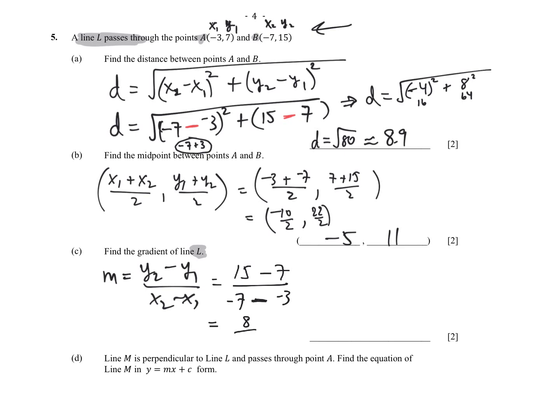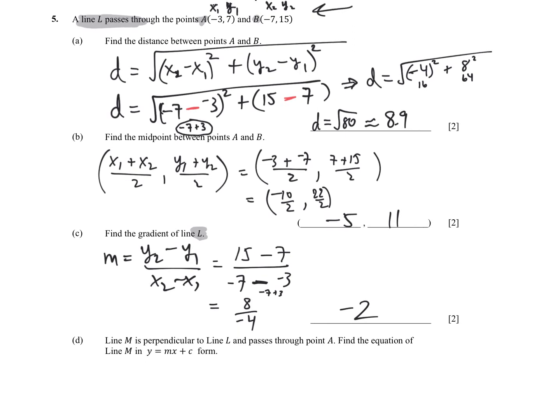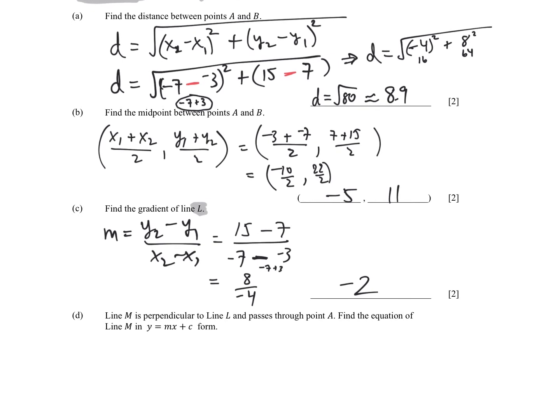Negative 7 minus negative 3 is negative 7 plus 3. We already saw from the distance formula that's negative 4. And then when you divide those two, you end up with a slope of negative 2.